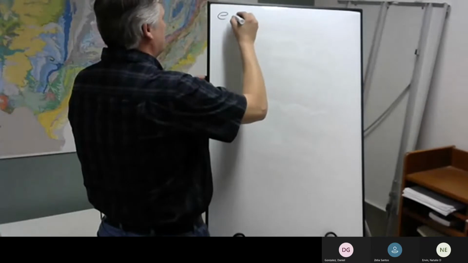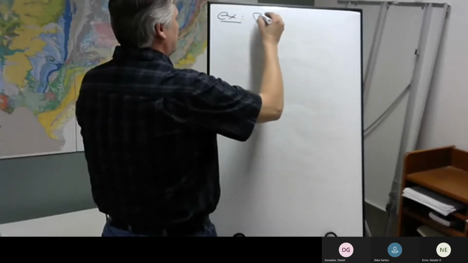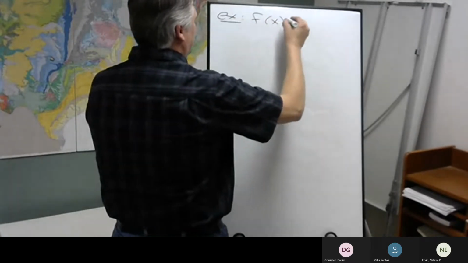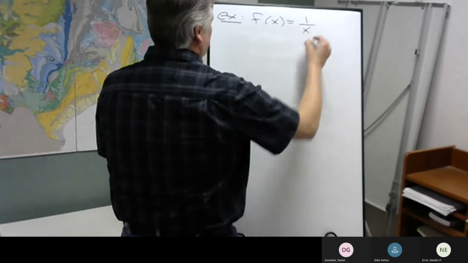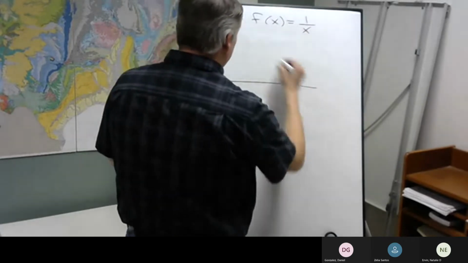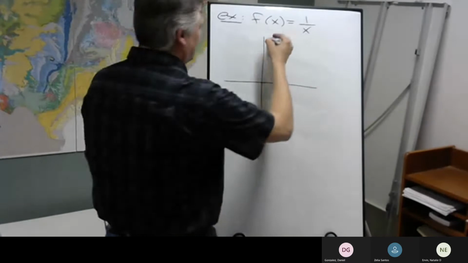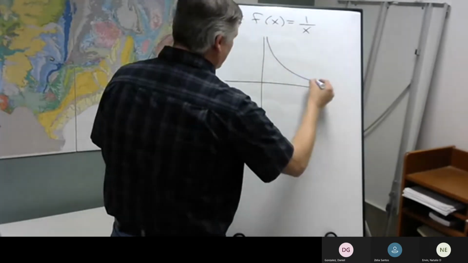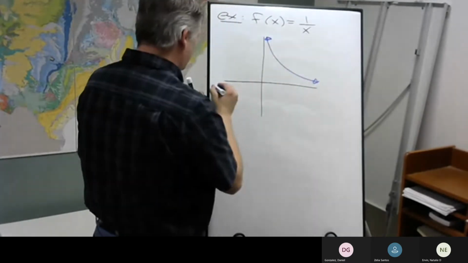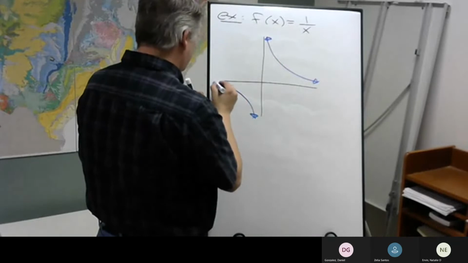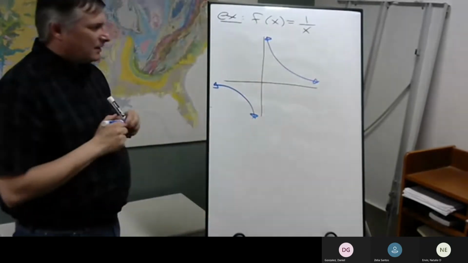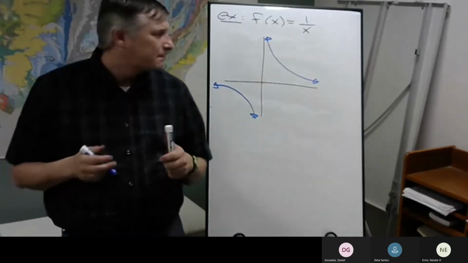So let's say we have this. So here's 1 over x.